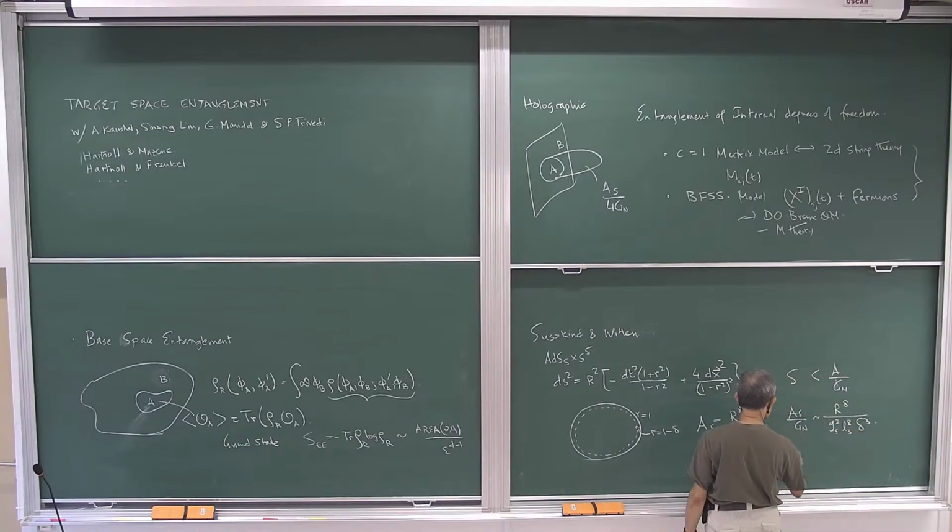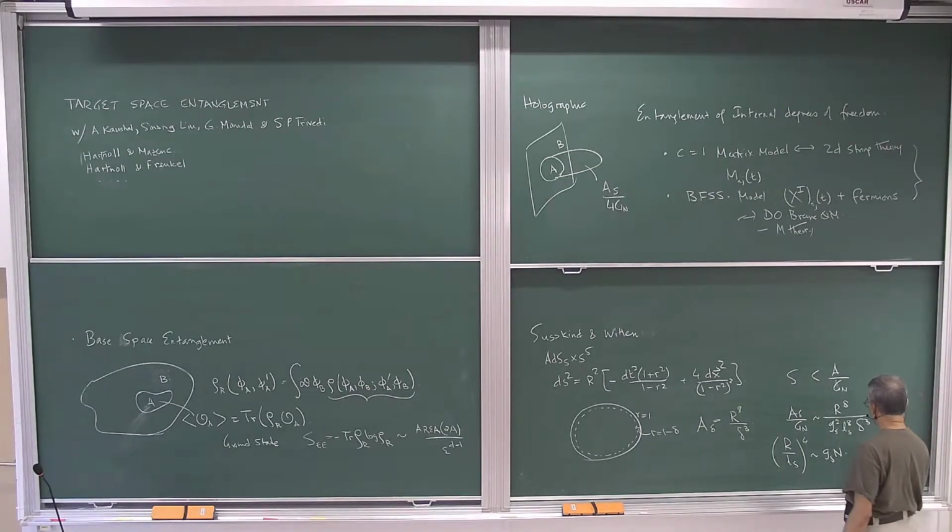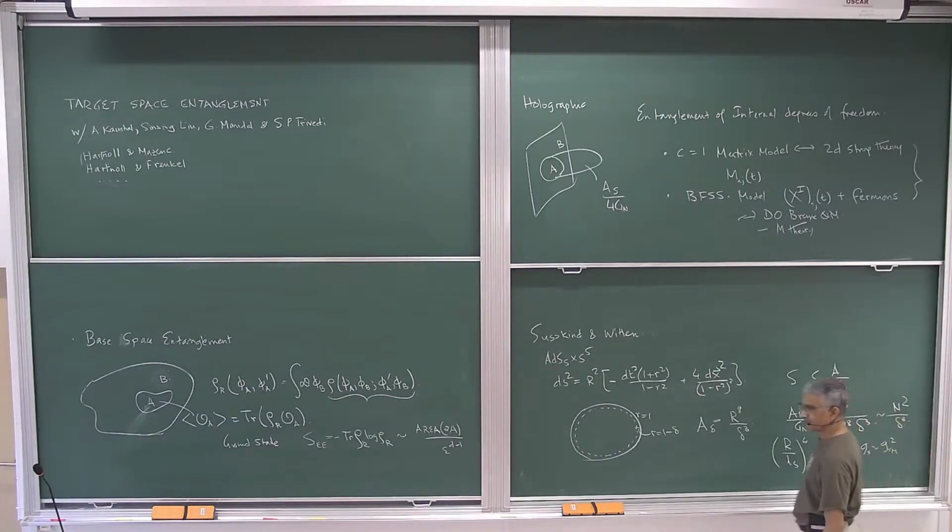They use the standard relationship between these bulk quantities and the string theory coupling, g_s is the Yang-Mills coupling squared. This becomes N squared by delta cubed.